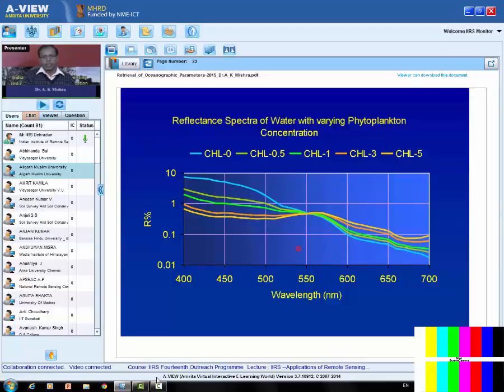And you are getting a hinge point at 550 nanometer. So that is a green channel. Suppose you have two bands in a satellite, blue and green, then you can find out the chlorophyll concentration using the radiance or reflectance information from that satellite.